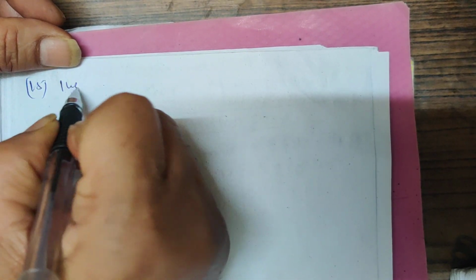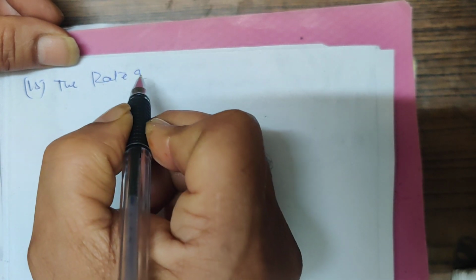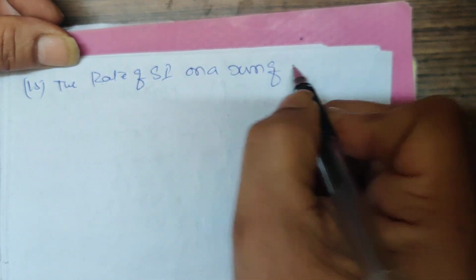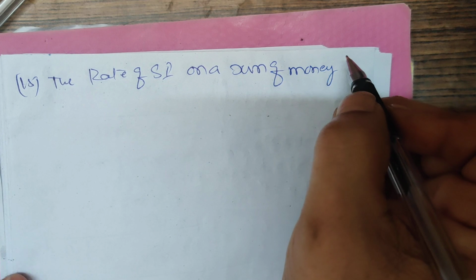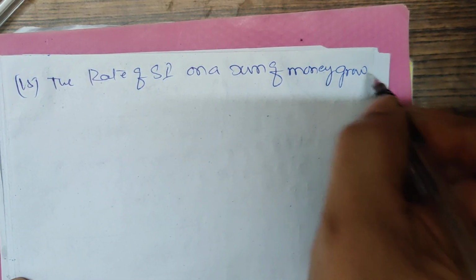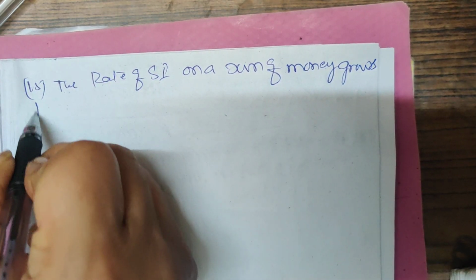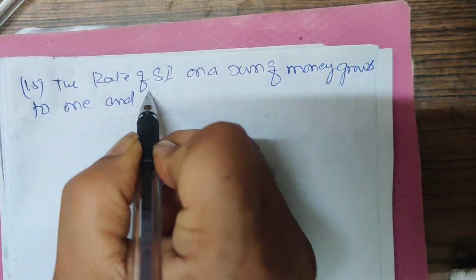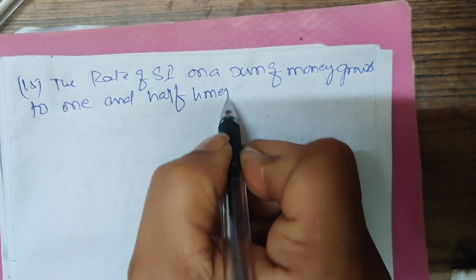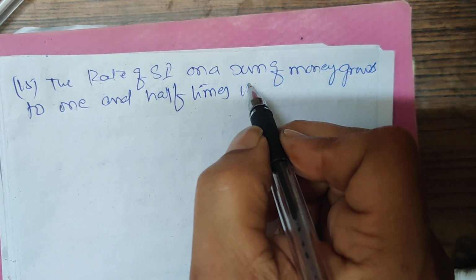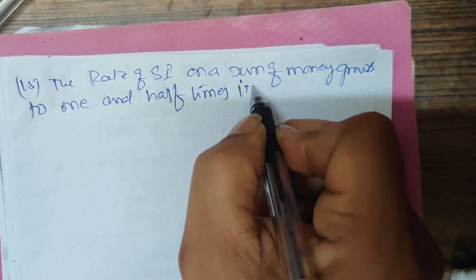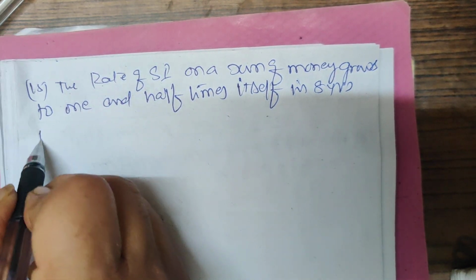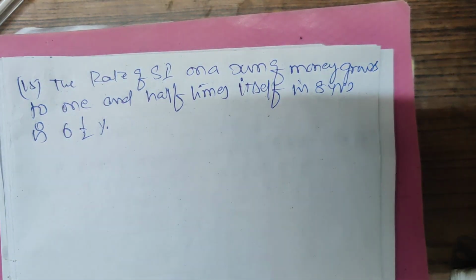The rate of simple interest on a sum of money grows to 1.5 times itself in 80 years is 6.12%.